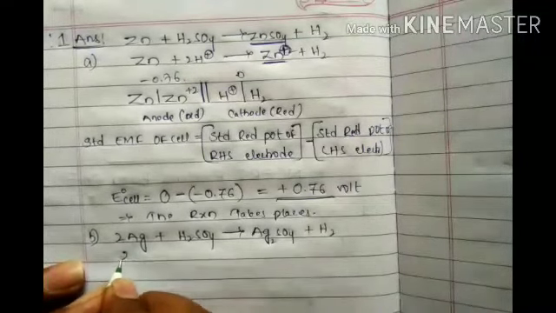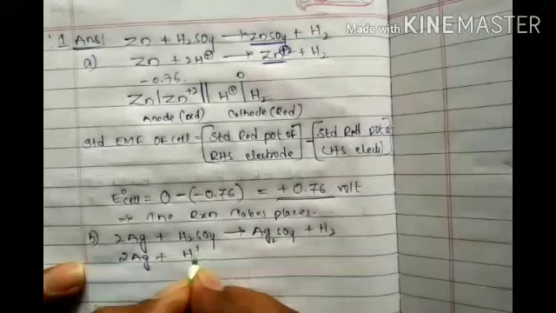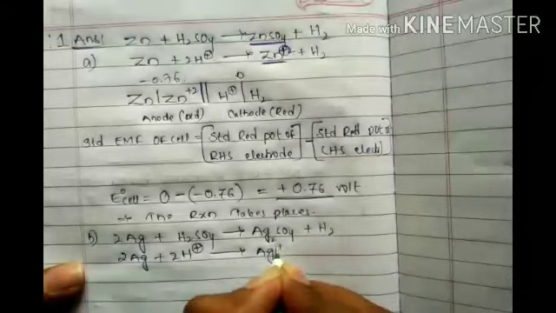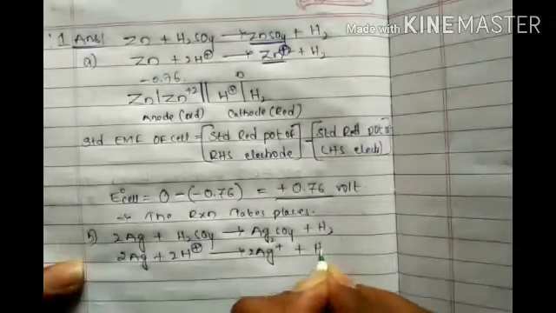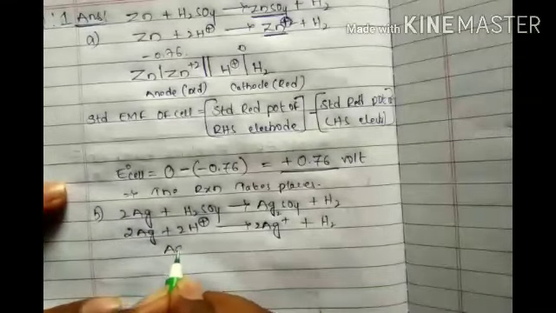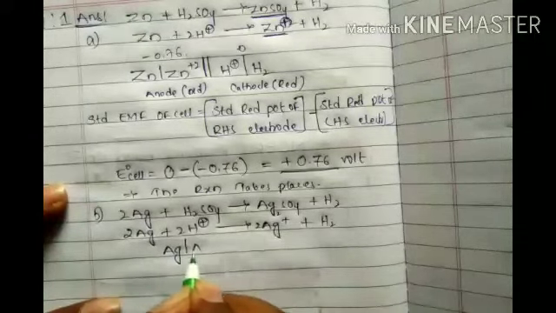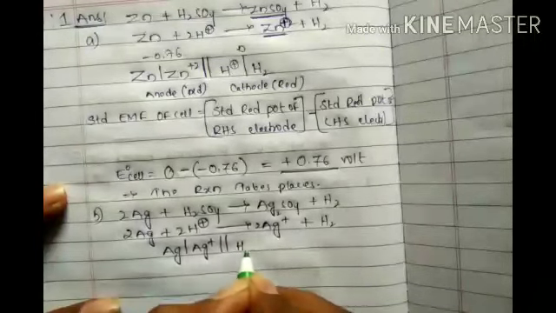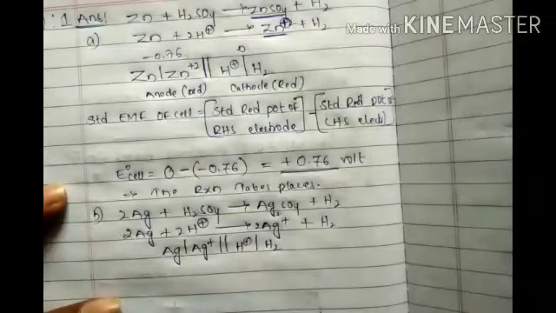How can we write this? 2Ag plus 2H+ gives 2Ag+ and H2 gas. Now write the cell representation. Ag single line Ag+, and H+ single line H2. Get it?